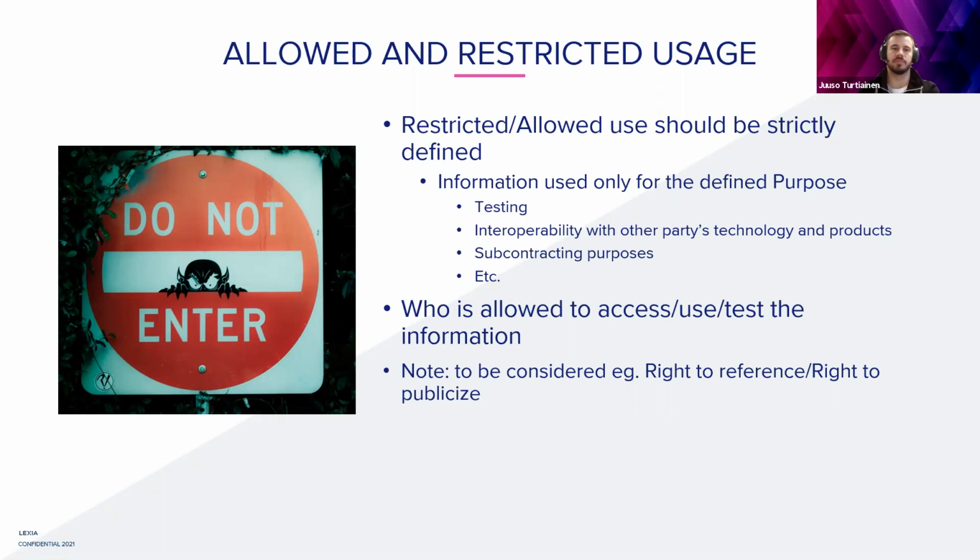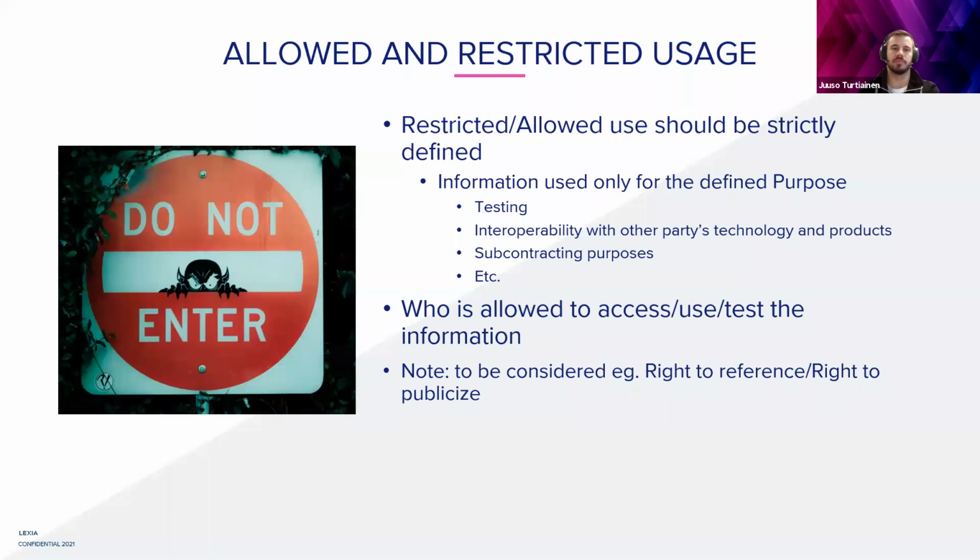You should set out that information defined under the purpose may be used only for that purpose. So, for example, testing the software, testing the information that you've been provided, possibly interoperability with the other party's technology and product. So seeing how it works with your software or systems.